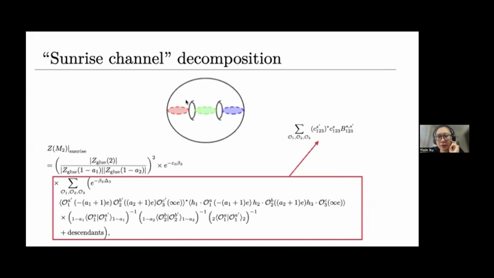The two three-punctured spheres will basically give us a pair of three-point functions. For each term in this triple sum, we can factor out the OPE coefficients from the two three-point functions, and then the rest is basically a purely kinematic object. We call this kinematic object the genus-2 block.